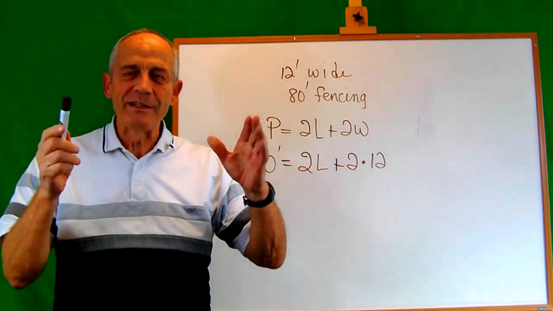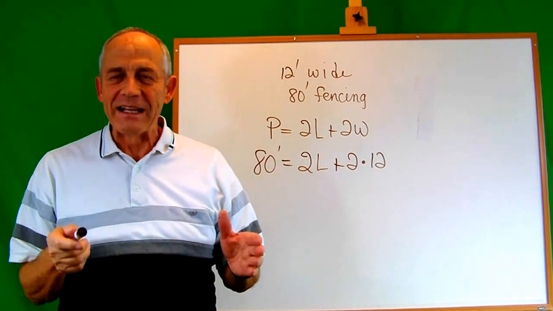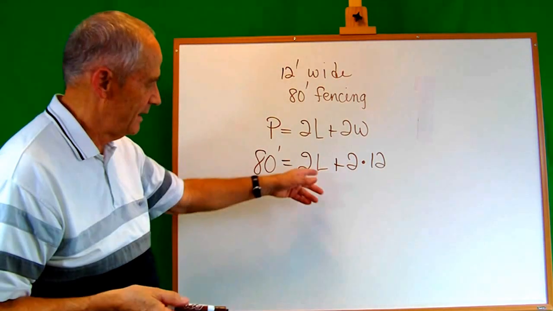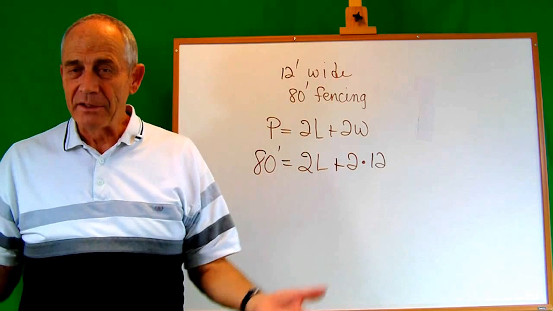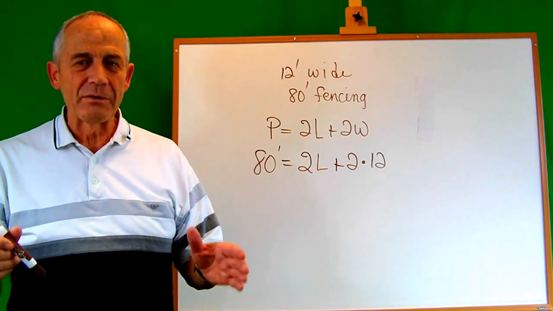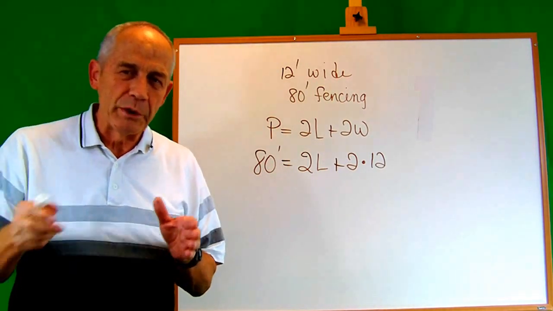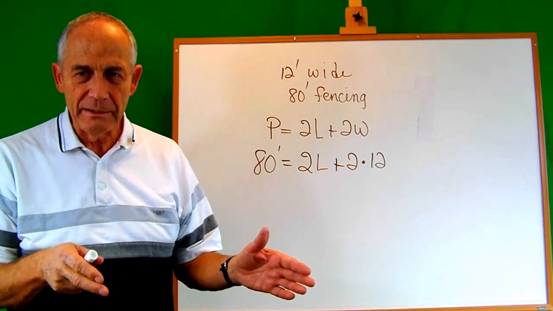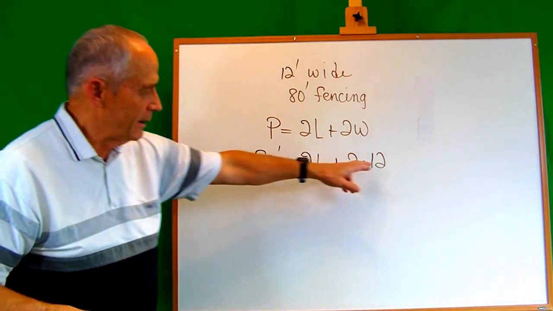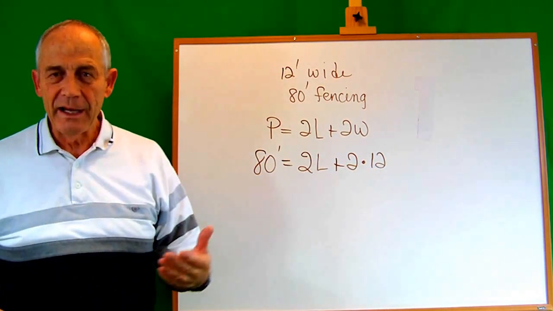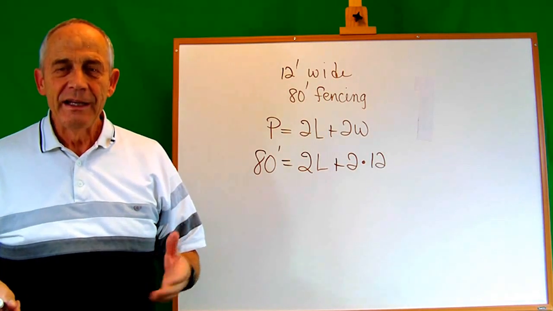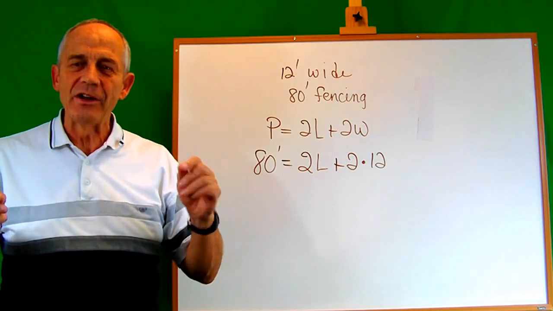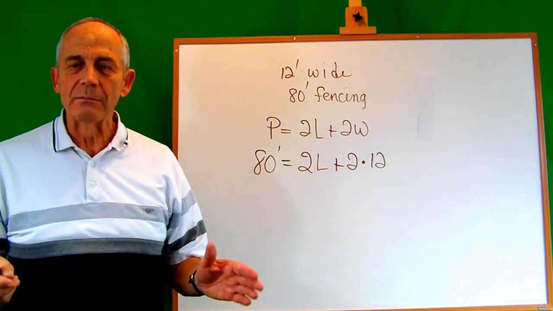Well, what that allows me to do is find how long my pen can be. L. I have an equation. I just put in the information that I had, put it where it was supposed to be, put the W there and the P there, and I got an equation for L. I can solve that equation and I can know exactly how long my pen's going to be.